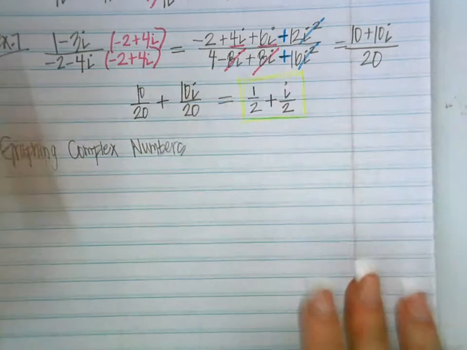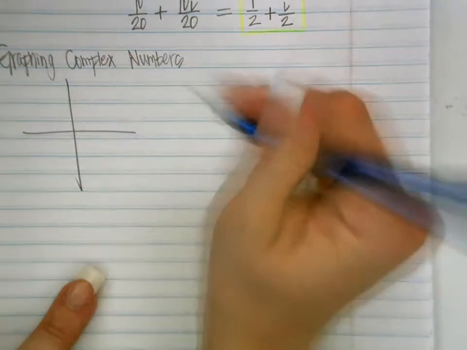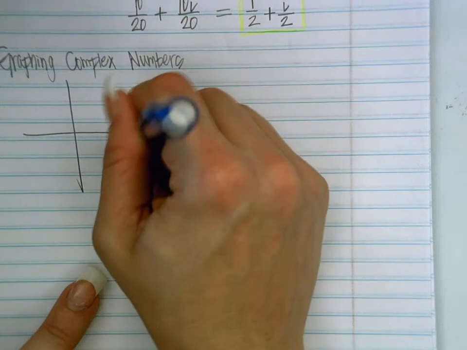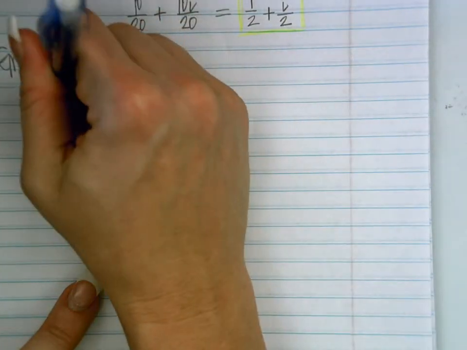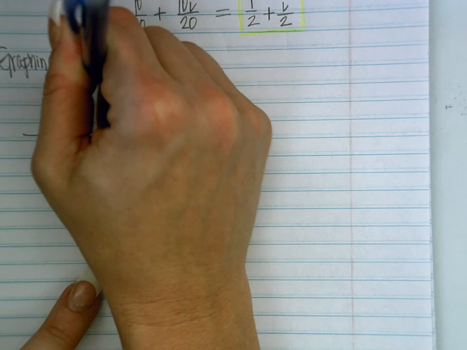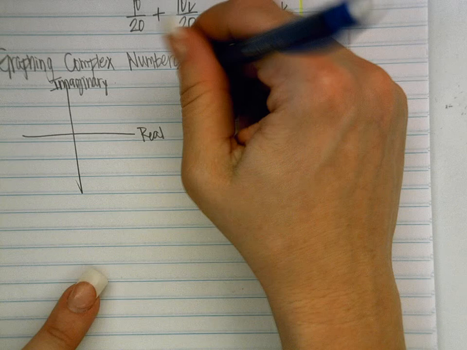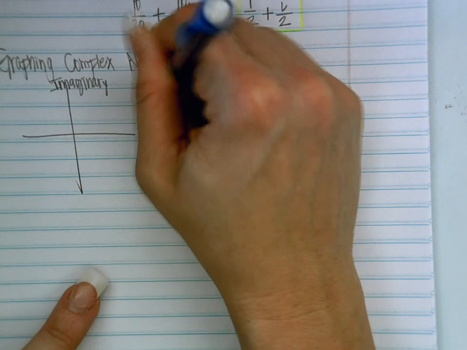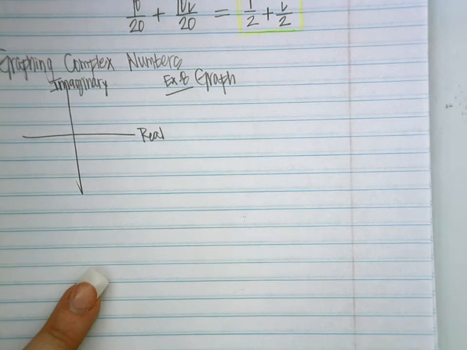Okay, when you're graphing complex numbers, you need to know that it's just like an XY axis, okay? But instead of being the x-axis, this is called the real axis, and instead of being a y-axis, this is the imaginary axis. Alright, so here, if I asked you to graph, sorry, number 8. Okay, I want you to graph, and we can graph all of these on the same plane.